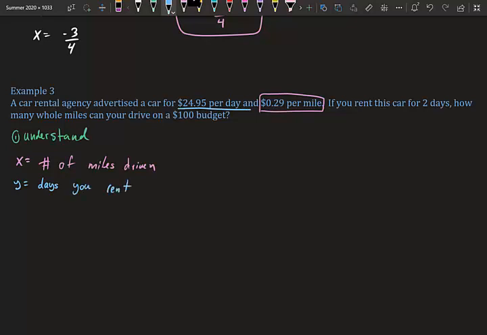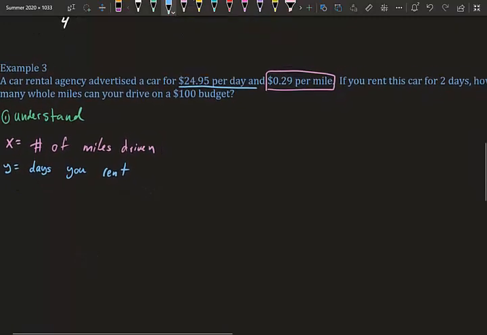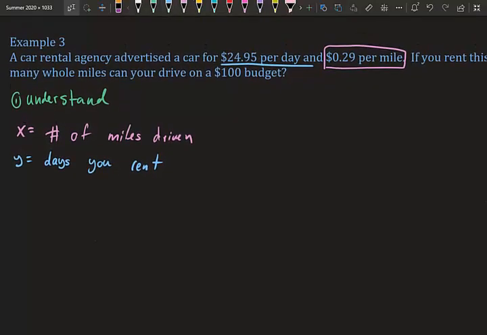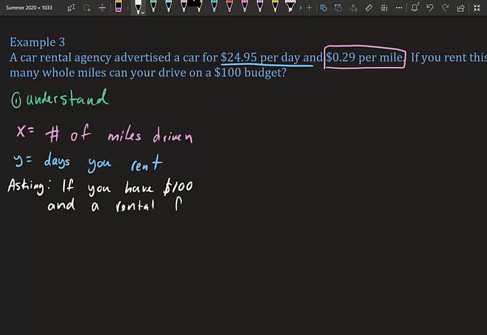So now we have that. And let's figure out, what is it asking us? If you rent this car for 2 days, how many miles can you drive on a $100 budget? So what it's asking is, if you have $100 and a rental for 2 days, how much can you drive?